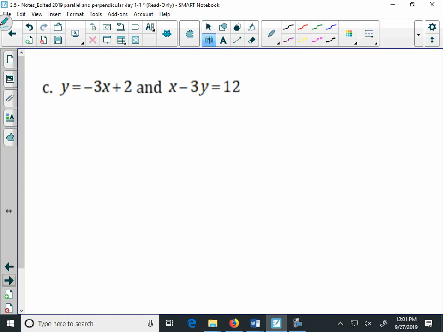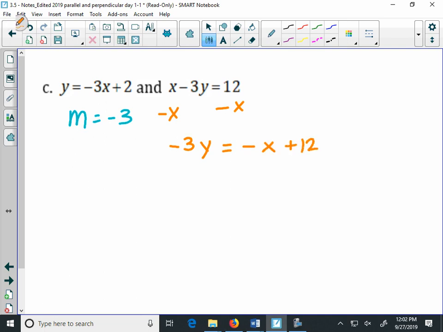What's my slope for the first one? -3. What would we have to do here if we didn't want to plug it into Desmos? Solve it. We're going to practice solving. Again, you can plug it into Desmos and use that paper trick, but we're going to do it along here. I'm going to move my x over. So I get -3y equals, I stick that x in front.